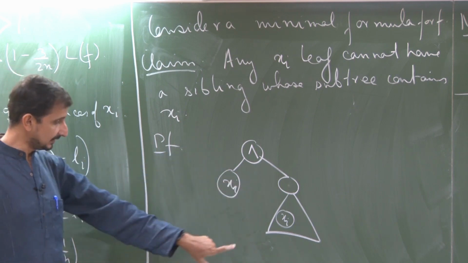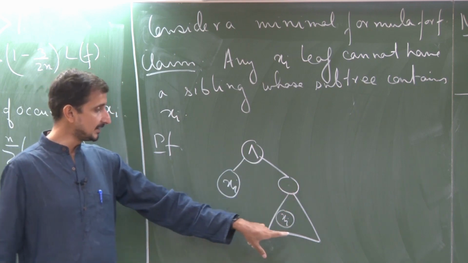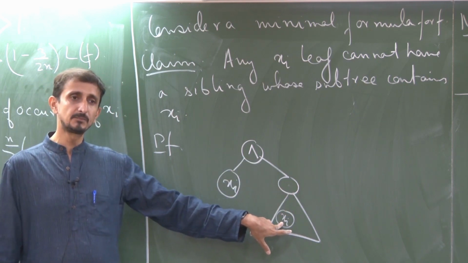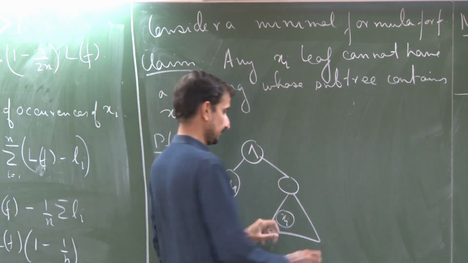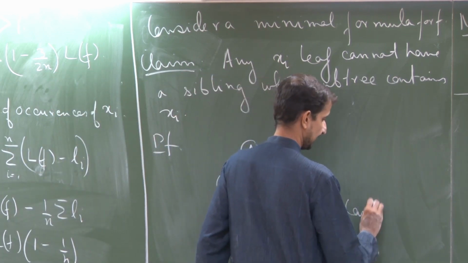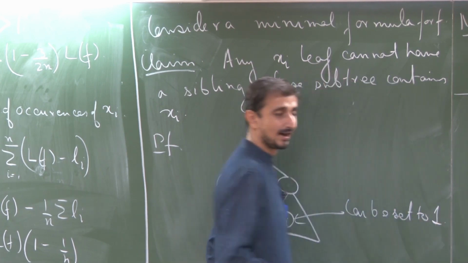So, if I have an AND gate over here, then without any loss of generality I can set this node to be 1.